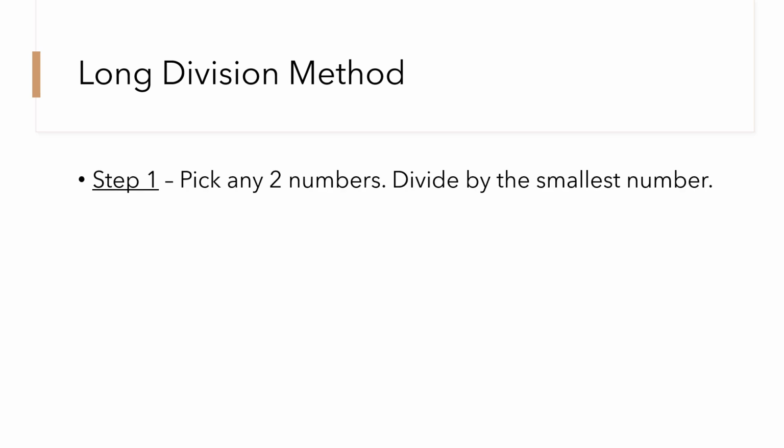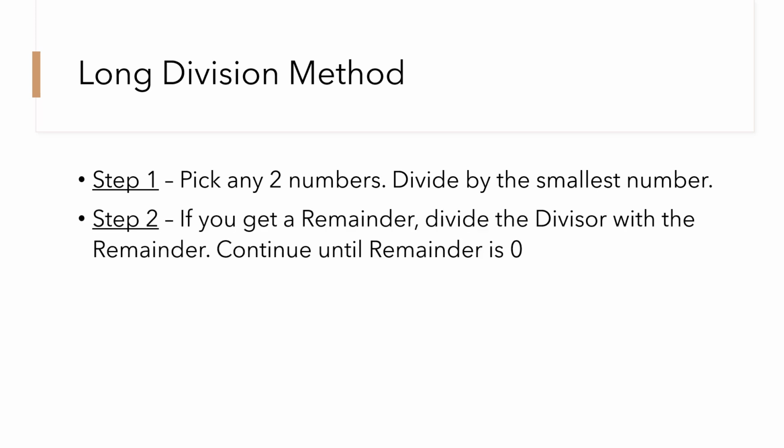Step 1. Pick any two numbers from the numbers that have been given to you. You will divide one of these numbers by the smallest number. Step 2. After the division, if you get a remainder, you will divide the divisor by the remainder. You will keep on doing this until the remainder is 0.